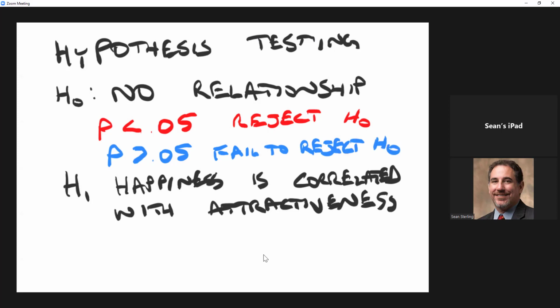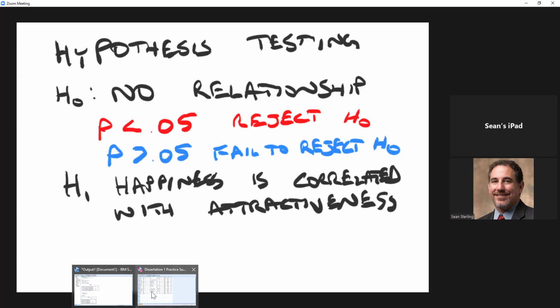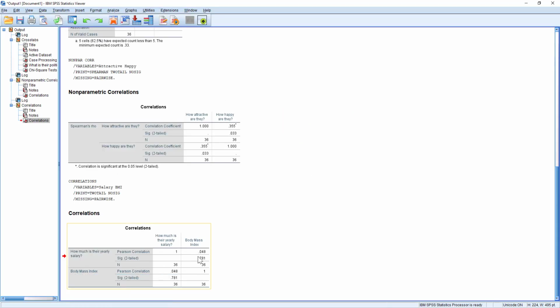So what that means in our study that we just did is that there is no significant relationship between salary and BMI in the study that we just did. And why do I say that? Because when we look at our output, the significance is greater than 0.05, so we fail to reject the null.